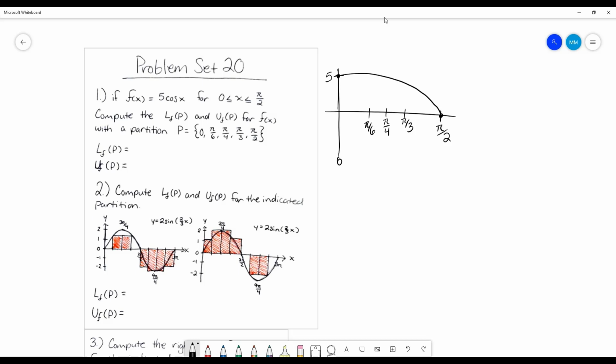Okay, there we go. Now we've got every piece labeled. So for that lower sum, I see that this should be higher, so it doesn't curve like that. It curves like that on here. Let me just fix that so it's not confusing, just visually.